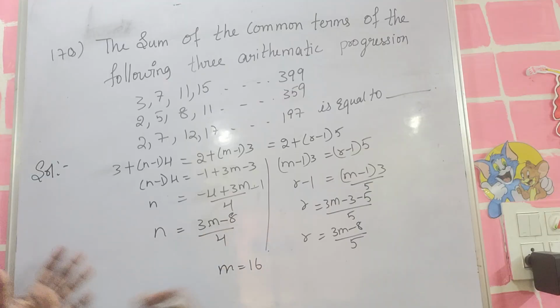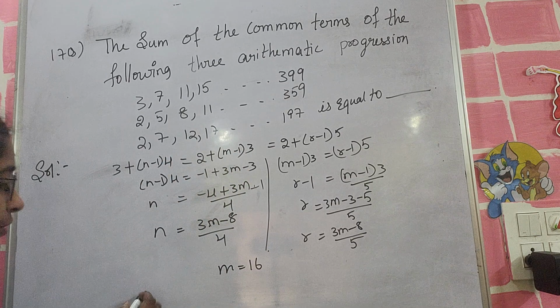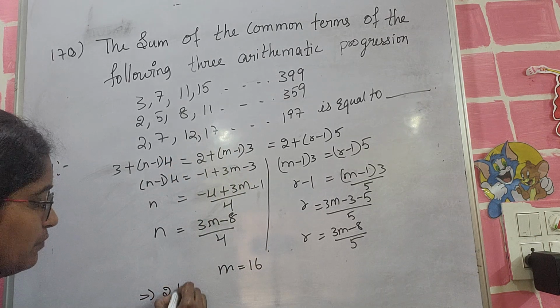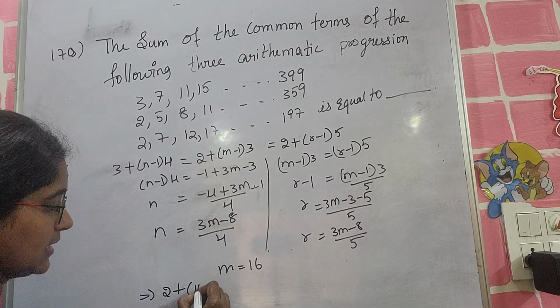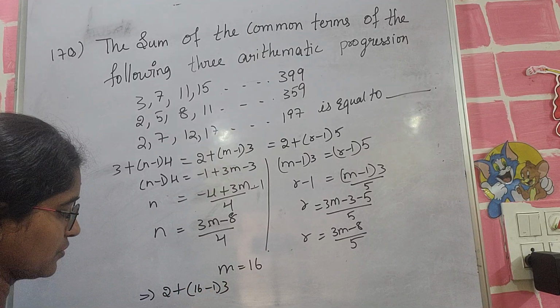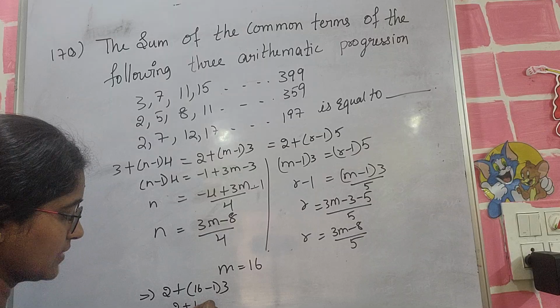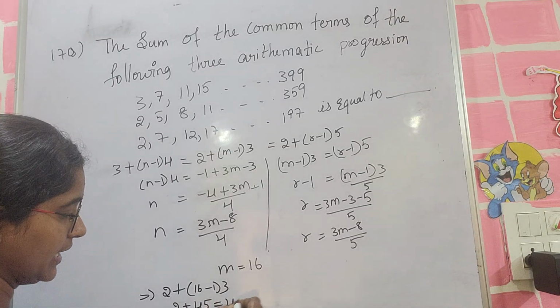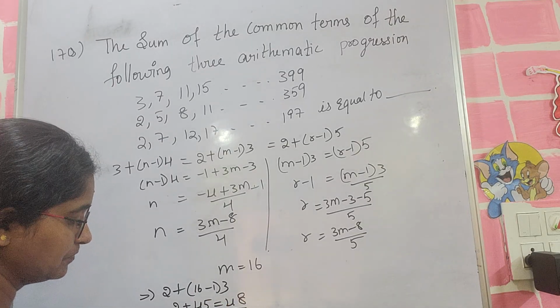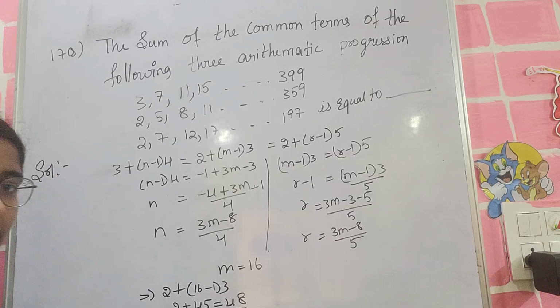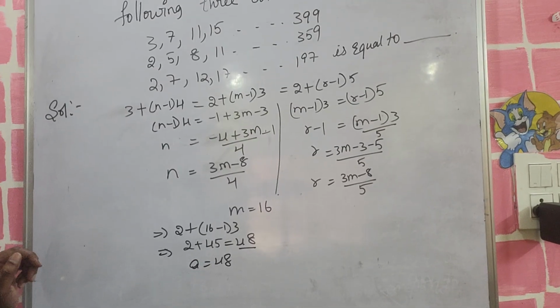Instead of substituting here and there, I can directly substitute over here: 2 plus (m minus 1) into 3, that is 2 plus 45, which is 47, then 48. So a is 48.